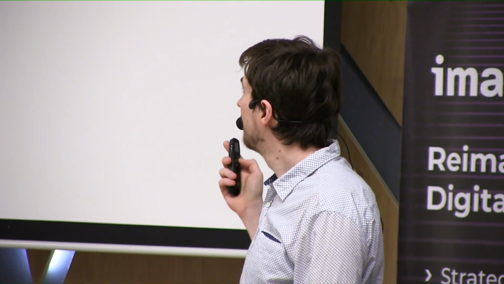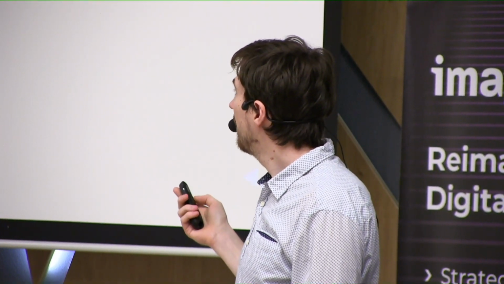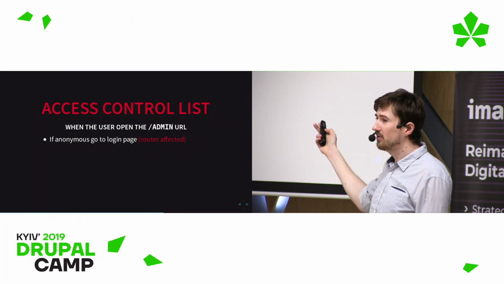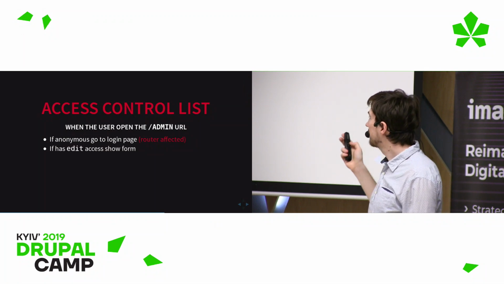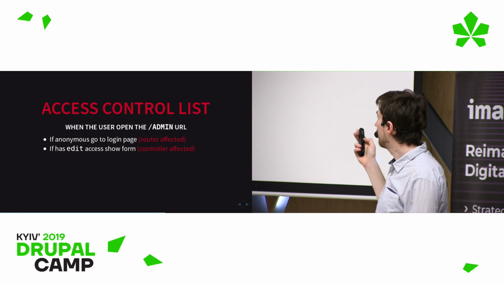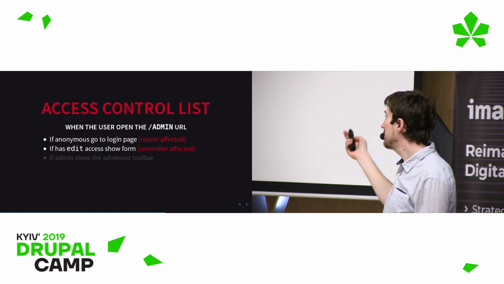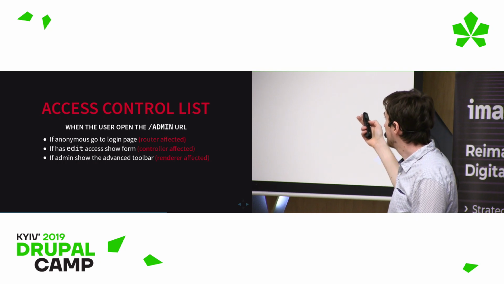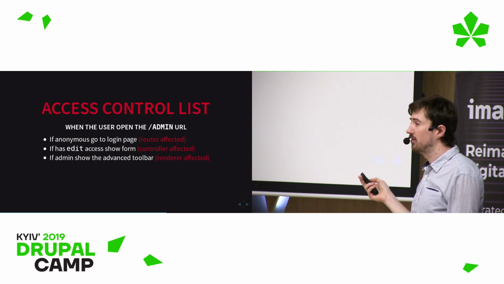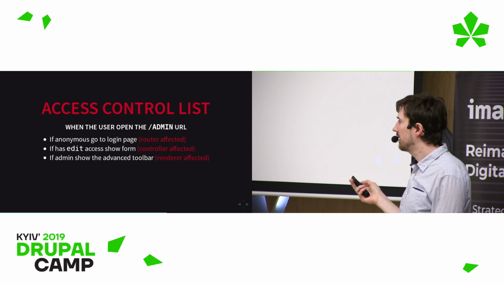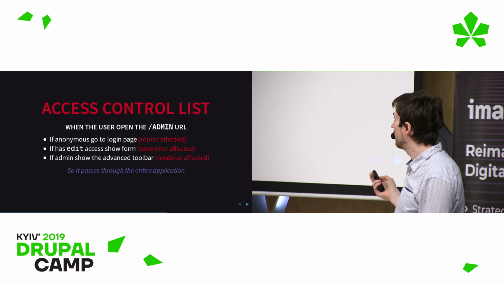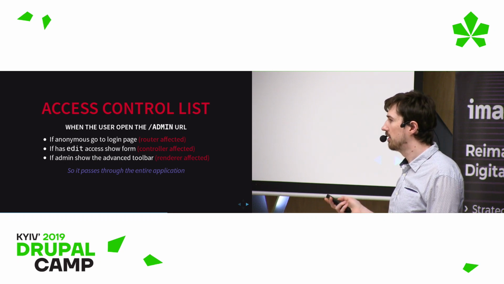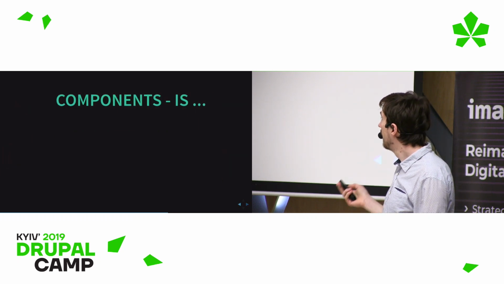When the user opens the admin URL, if I go to the login page, we need to affect the router with a permission check. Next, if the user has edit access, we should show the form. We need to affect the controller with a permission check, and we need to provide the render with the permission check. So the access control list is everywhere in the framework, and it passes through the entire application. So each component should interact with it.